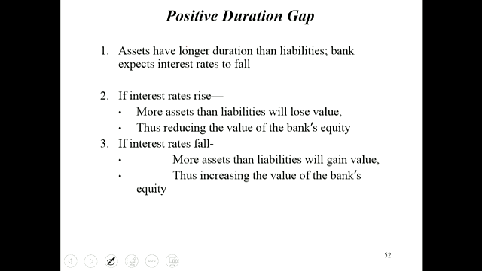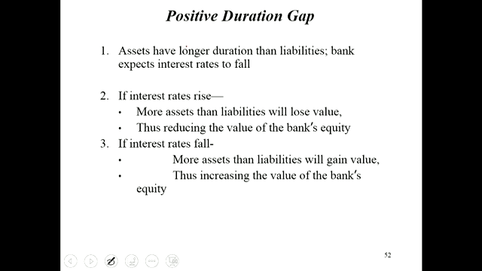Okay, so if you go back and look at that, basically, the higher the duration, the more interest rate risk you have. Now, before the duration, the interest rate risk you face is the price risk. That's the one that dominates. And so your assets tend to be long duration, they are quite sensitive to the interest rate.